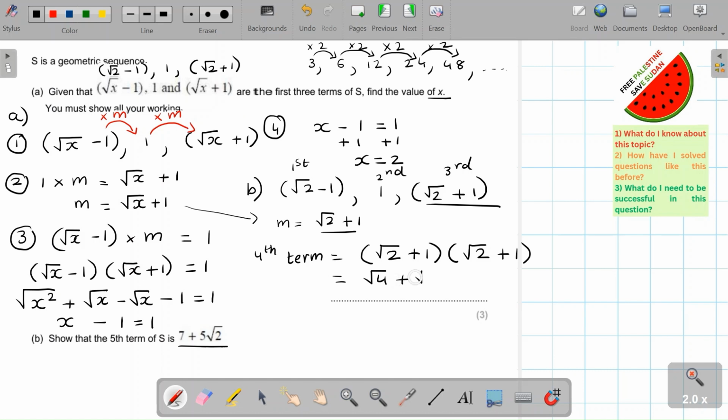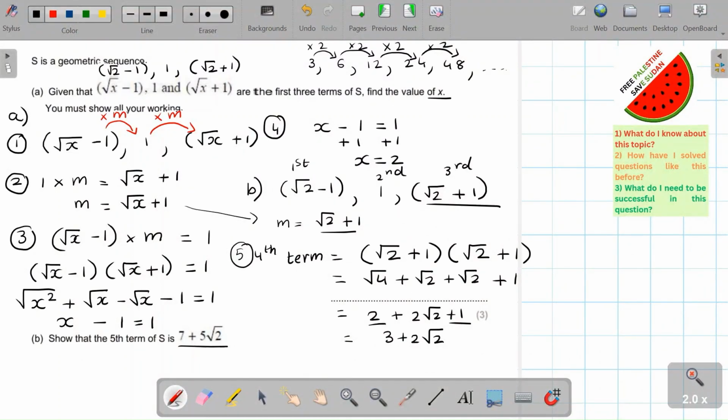Then root 2 times 1 is root 2. 1 times root 2 is root 2. And 1 times 1 is 1. Root 4 is 2. Root 2 plus root 2 is 2 root 2, plus 1, which will give me 3 plus 2 root 2. I add these two, that's how I get the 3.